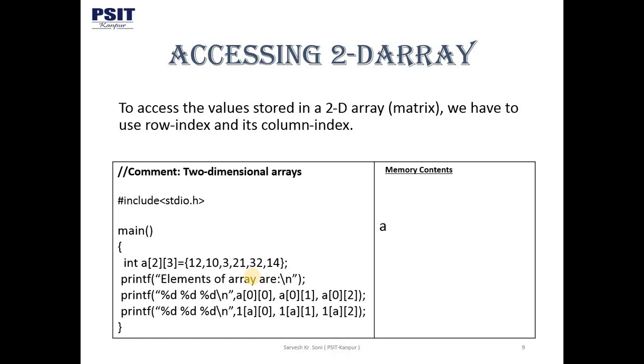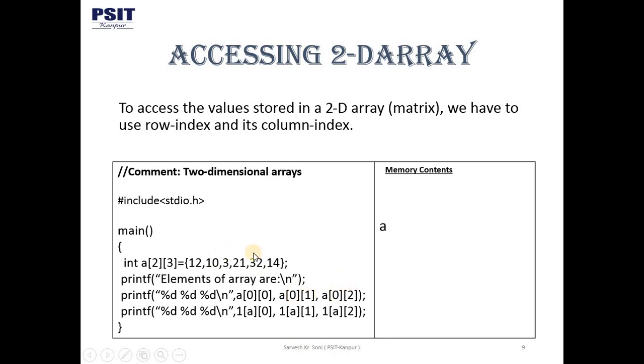Now I am going to print the values of particular cells stored in this matrix. So if I am writing A[0][0], it means it refers to the first value of the matrix, that is 12. So if I am going to print A[0][0], then 12 will be printed over here, right? A[1][0] means the value of the second row and first column, okay, that is 21.